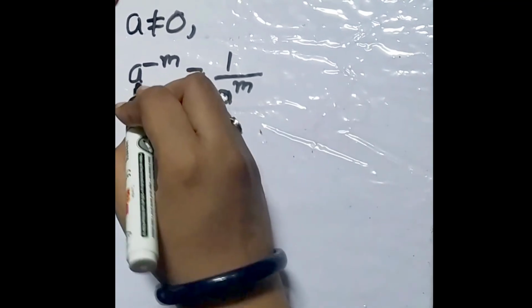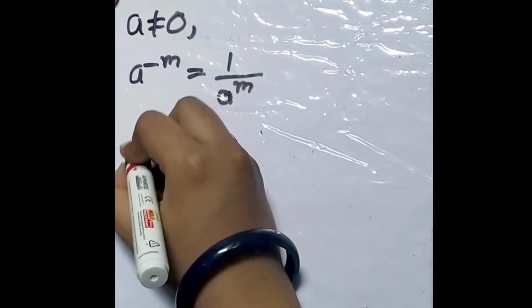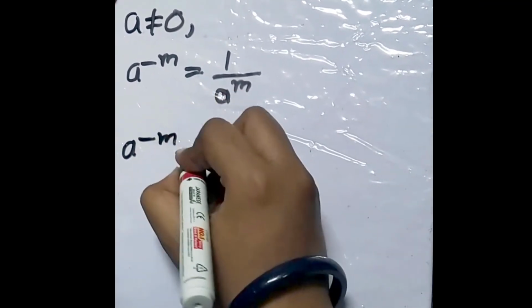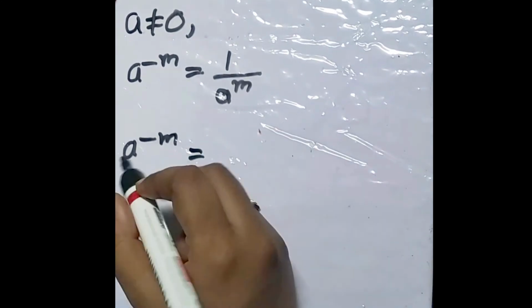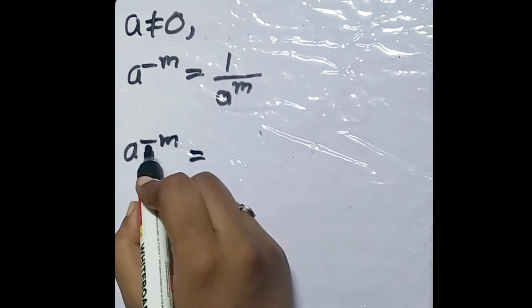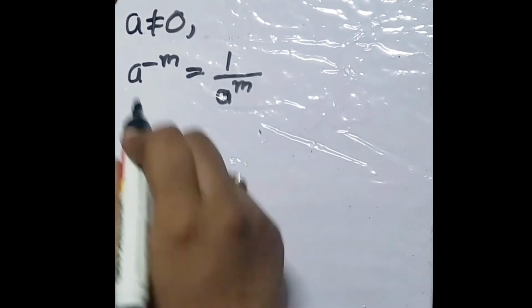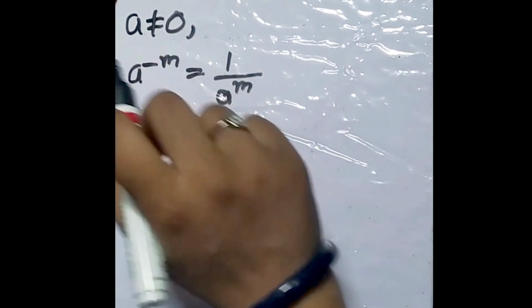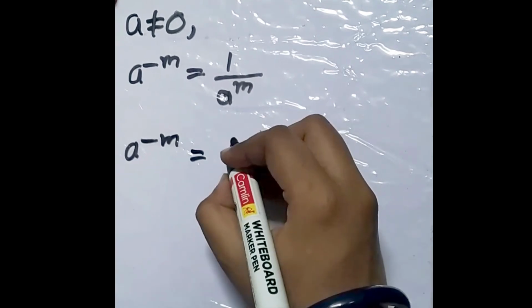First we will take the left side, a raised to minus m. We will multiply and divide this a raised to minus m by a raised to m. a is not equal to 0, so a raised to m will also not be equal to 0.